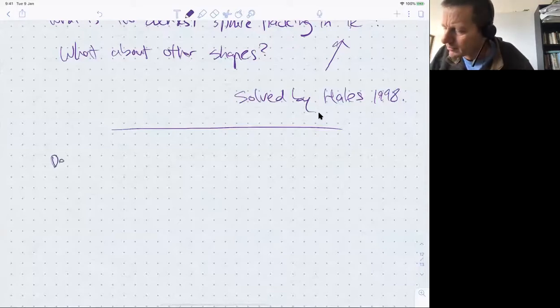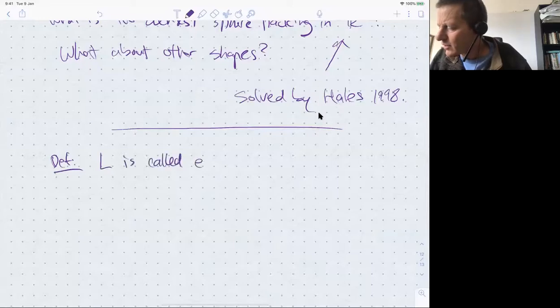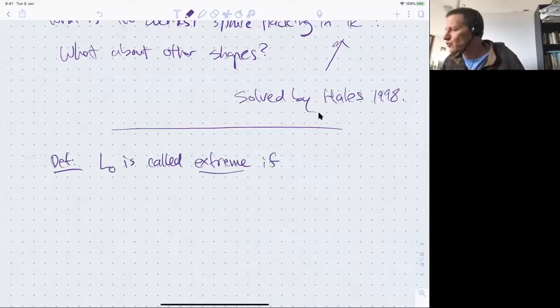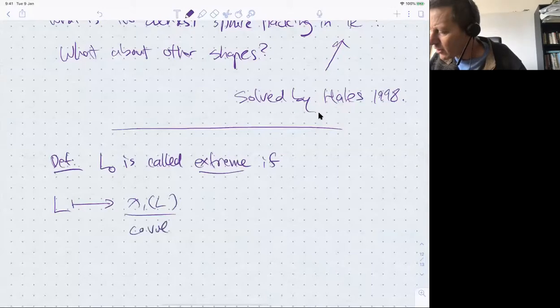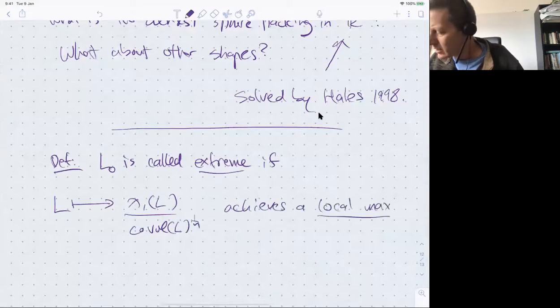Definition. A lattice, let's call it L0, is called extreme if the function L maps to lambda 1 of L divided by covolume of L to the power 1 over n achieves a local max at L0.